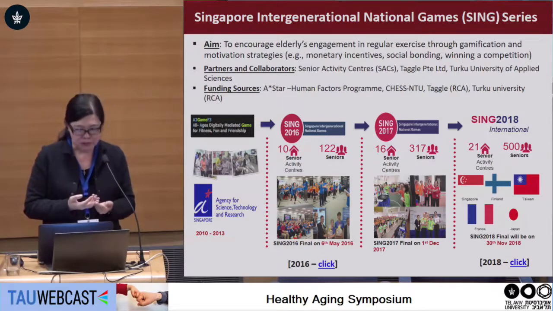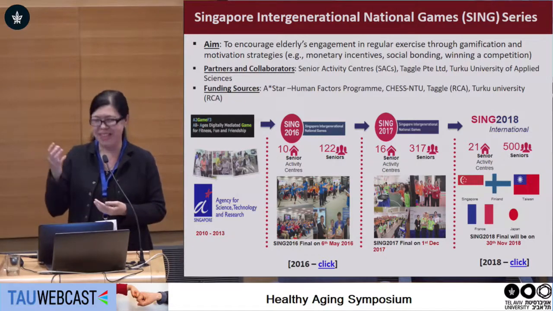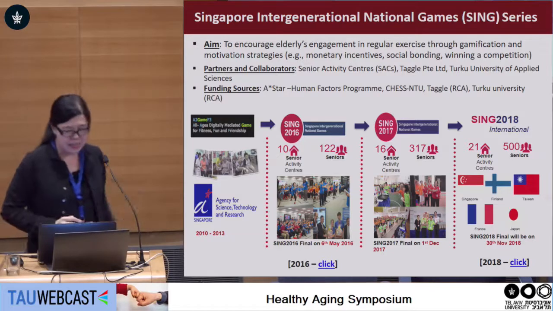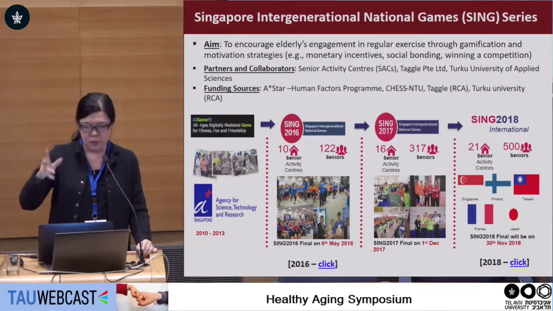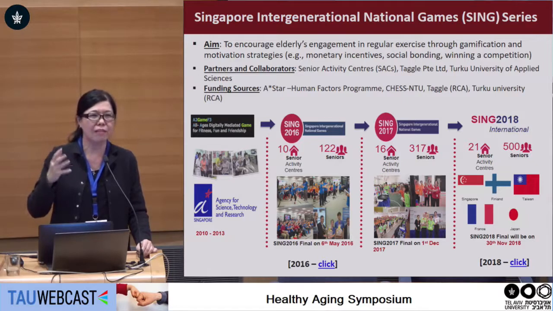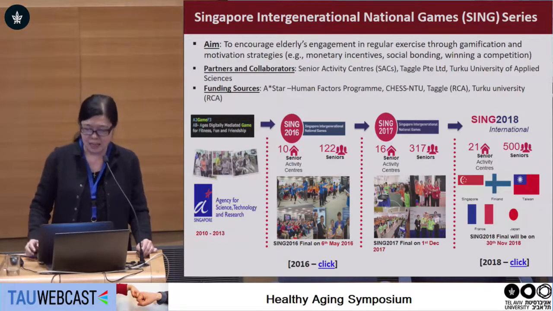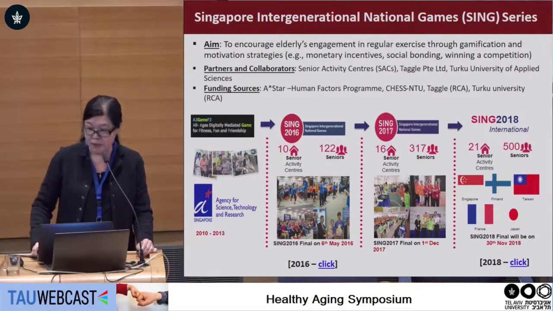So we organized a national game competition. In 2016, we went to 10 senior centers, and about 122 elderly took part in the competition. In 2017, we had over 300 elderly, and last year about 500.